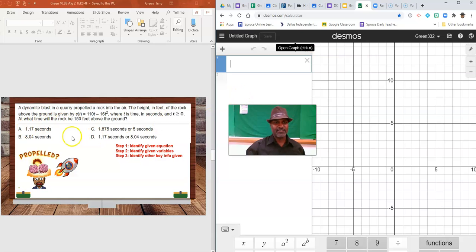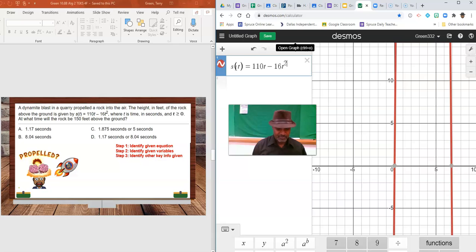A dynamite blast in a quarry propelled a rock into the air. The height in feet of the rock above the ground is given by s of t equals 110t minus 16t squared.